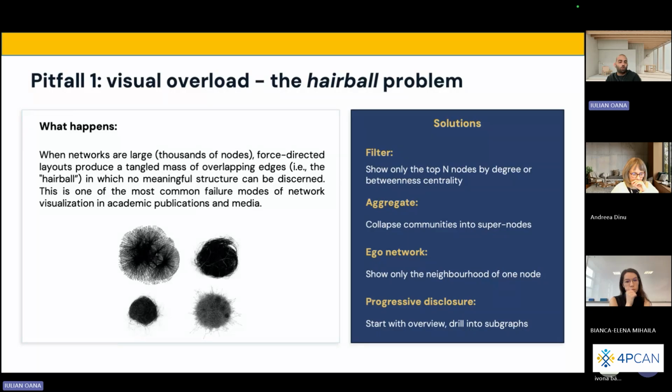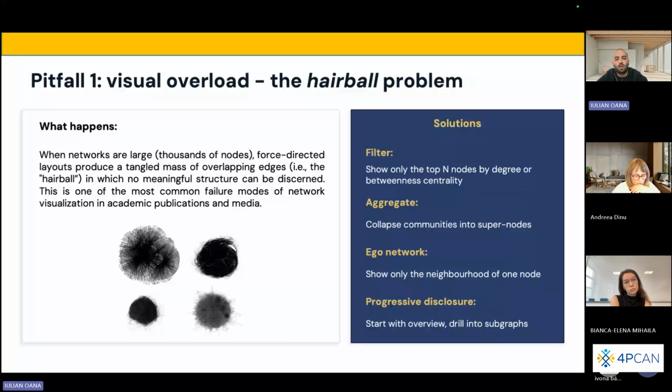We can choose an ego network approach. So instead of showing all nodes, we can extract from this hairball an ego network. So focus on a single node that is important for our analysis and highlight its relations.